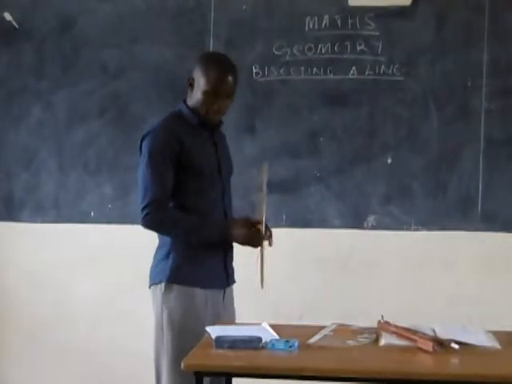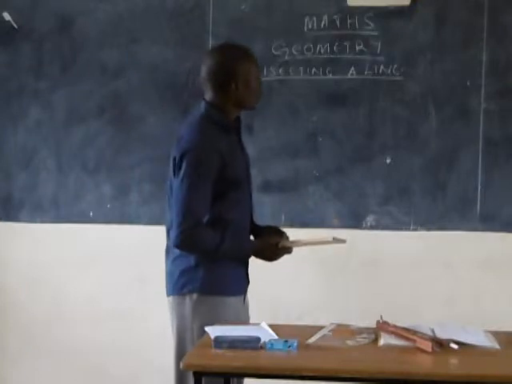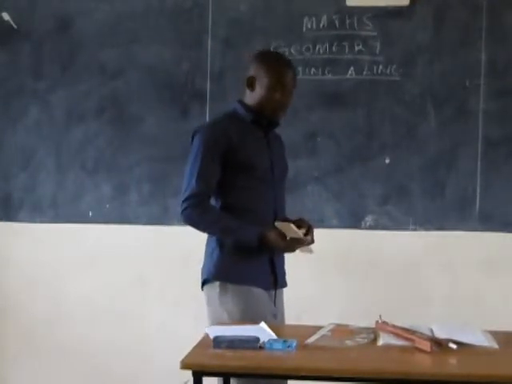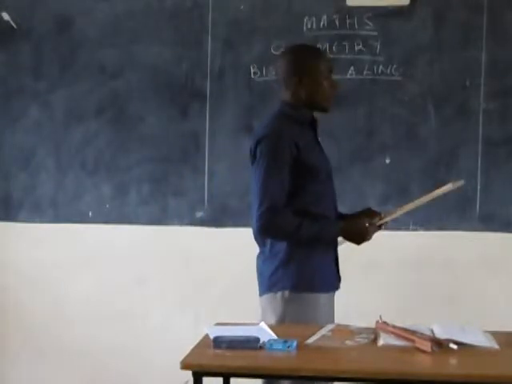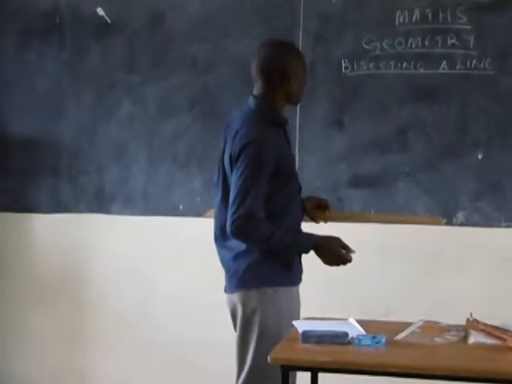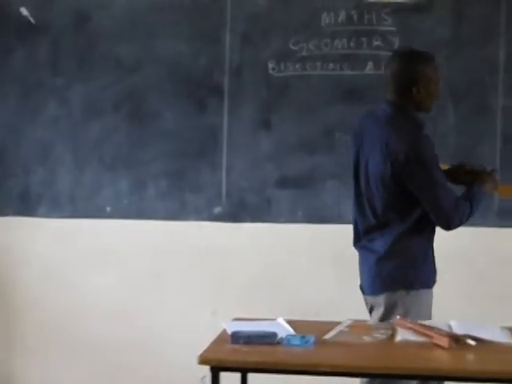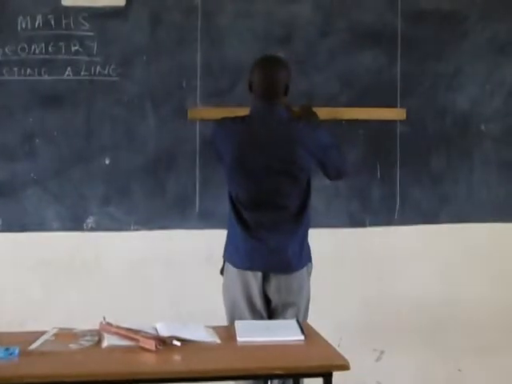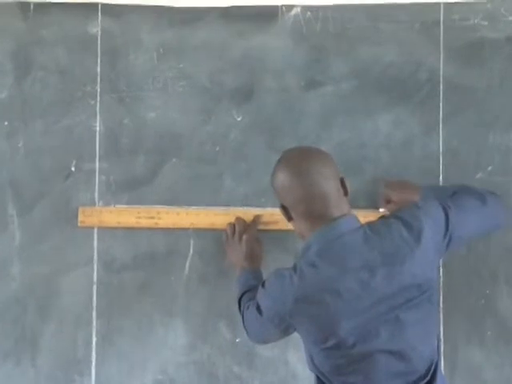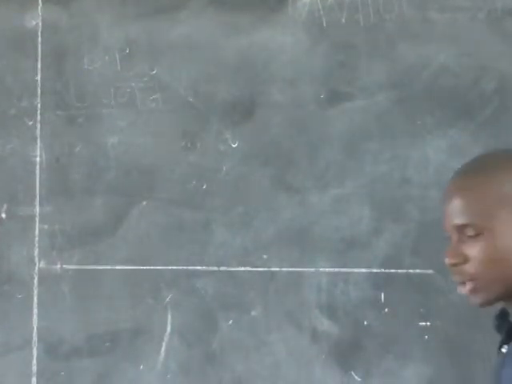So, when you want to construct or bisect a line, first of all, you need to have a line which you want to bisect. Therefore, that is a line that we want to bisect. The line should also be labeled.